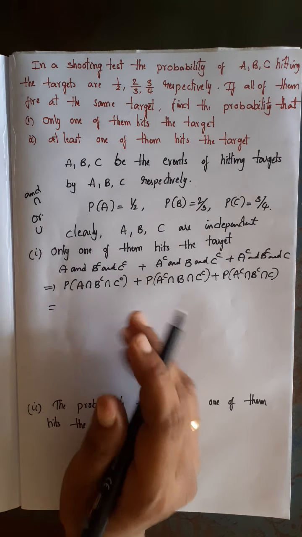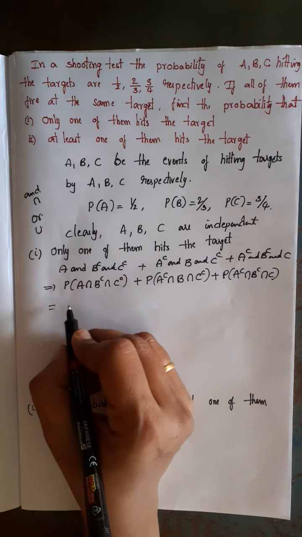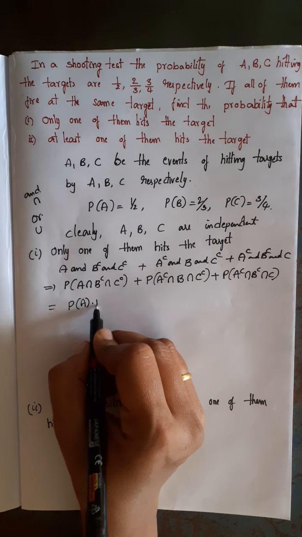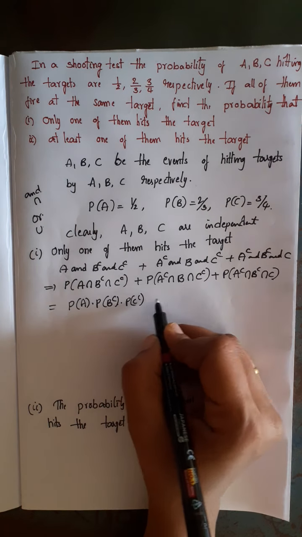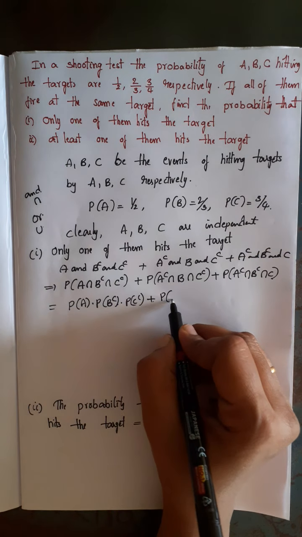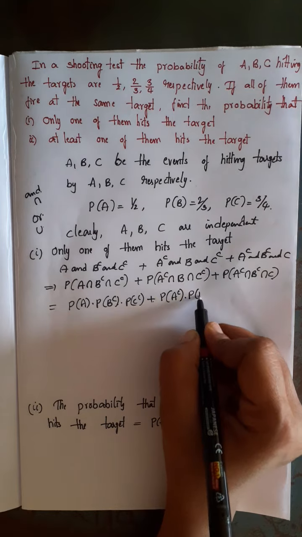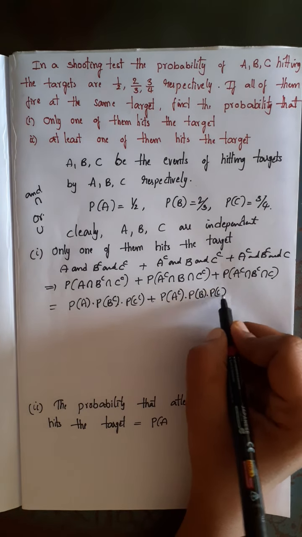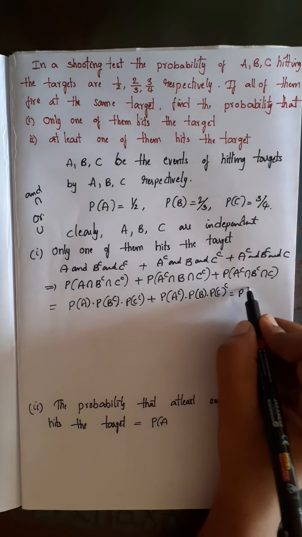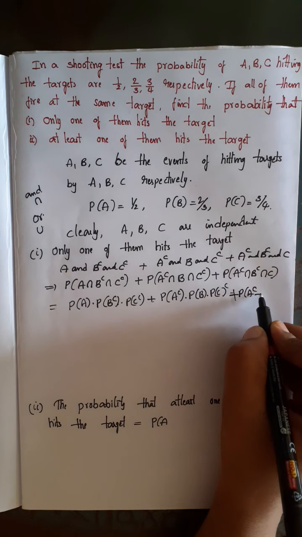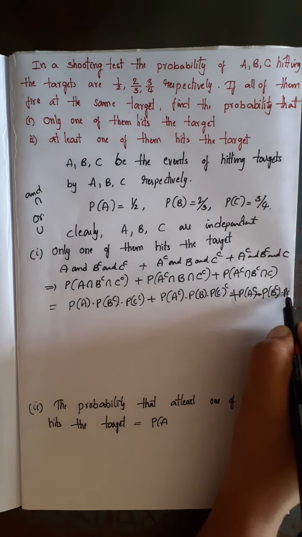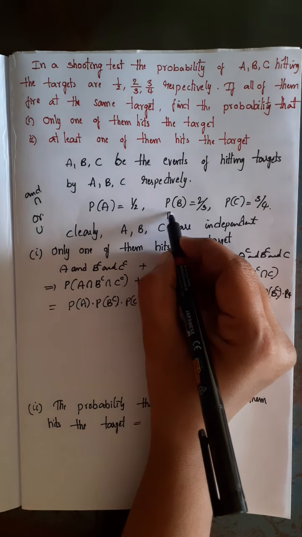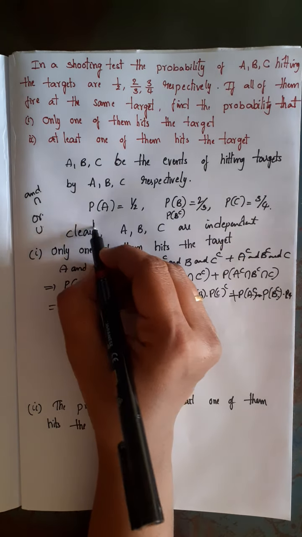Now here these three are independent events, right? So P of A into P of B complement into P of C complement, plus P of A complement into P of B into P of C complement, plus P of A complement into P of B complement into P of C.